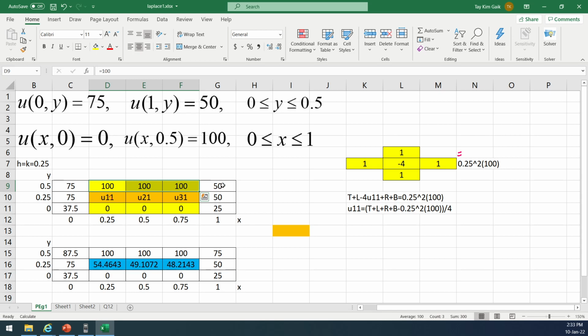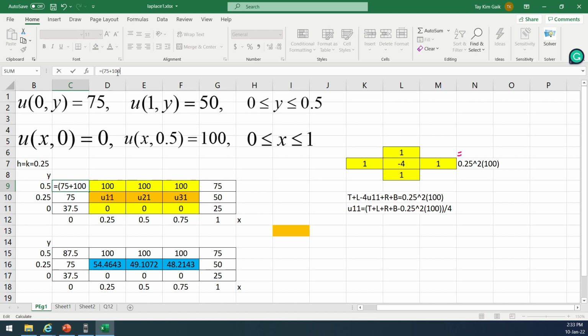The right corner point is contradictory: from the right boundary 50, but from the top boundary 100. Then add up 50 plus 100, then divide by 2 to average them. The left corner point is also contradictory: from the left boundary 75, from the top boundary 100, so you add up 75 with 100 and divide by 2.